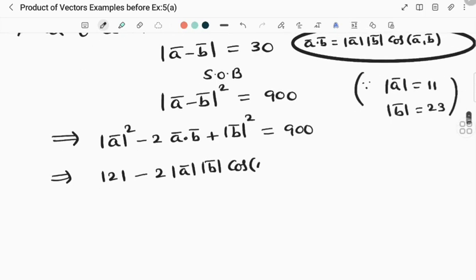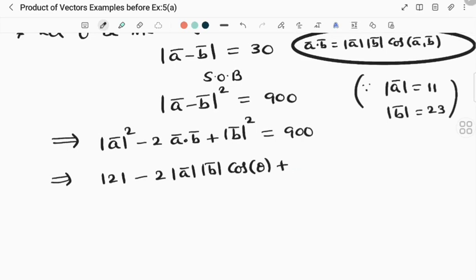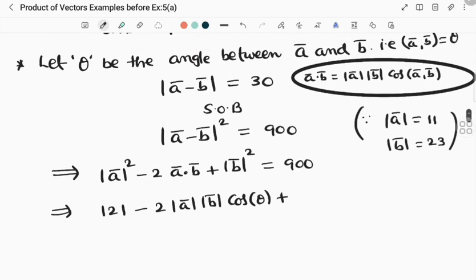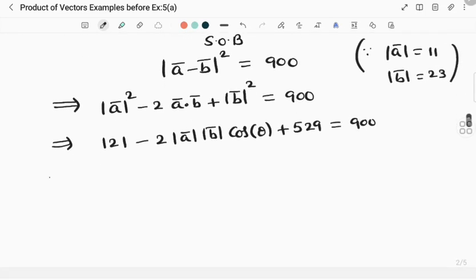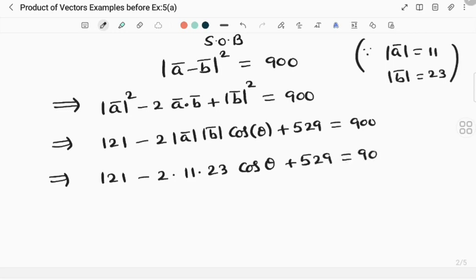So in place of that, theta plus mod B bar square, 23 square. What is 23 square? 23 square is 529, equal to 900. So 121 minus 2 into 11 into 23 into cos theta plus 529 is equal to 900.